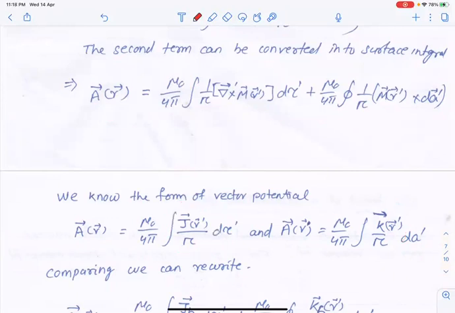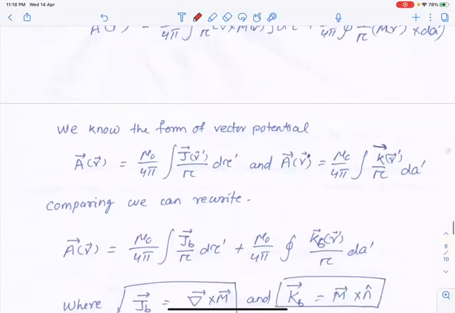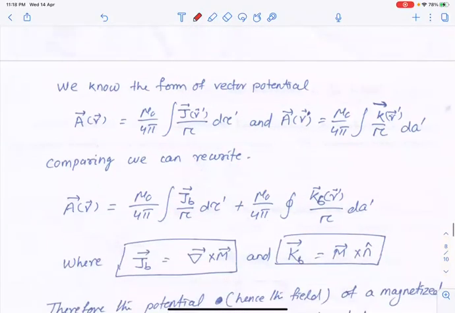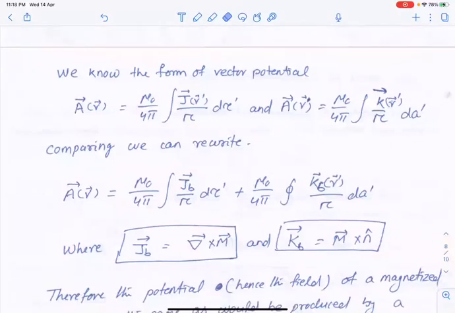So now we have some sort of a volume current and some sort of a surface current. We can rewrite this vector potential as mu 0 by 4 pi times the integral of J_b over curly r d tau prime, plus the surface integral of K_b over curly r da prime, where J_b is nothing but del cross M, and K_b is nothing but M cross n cap.